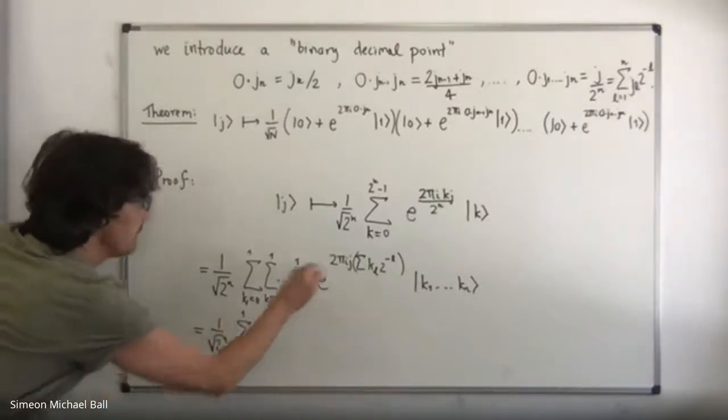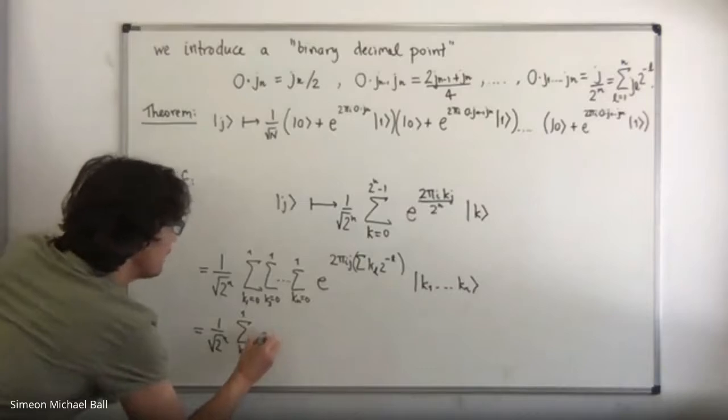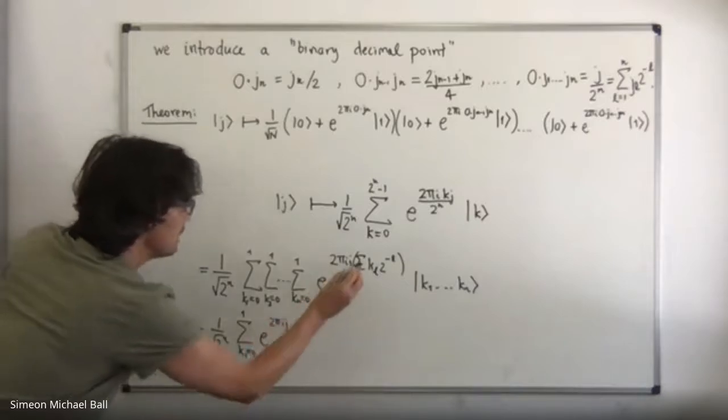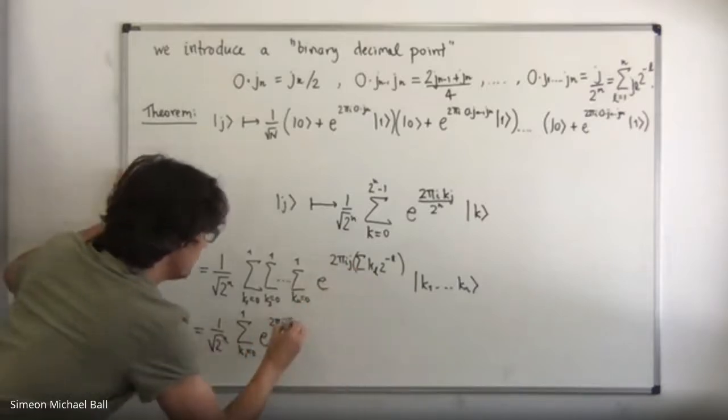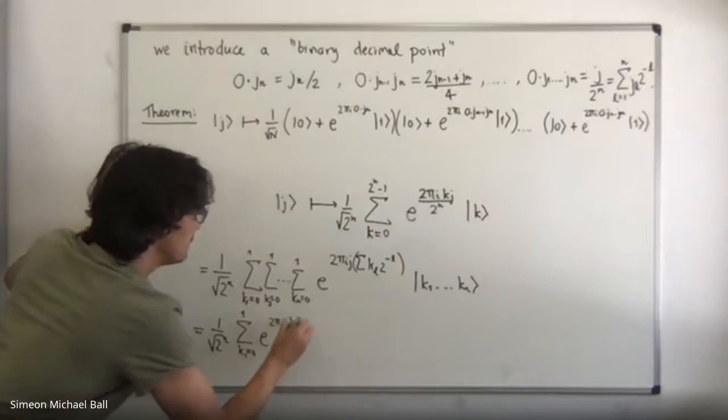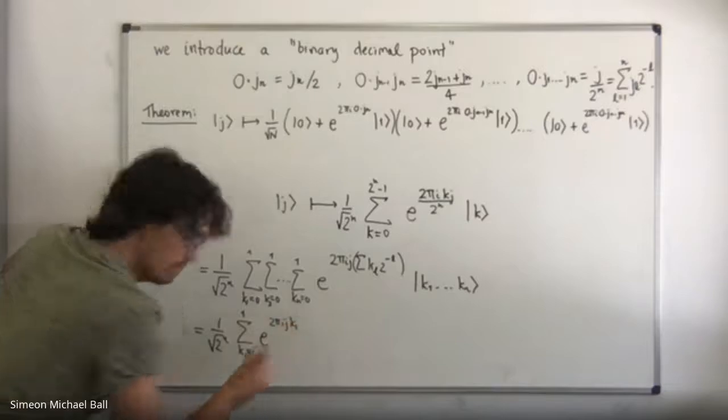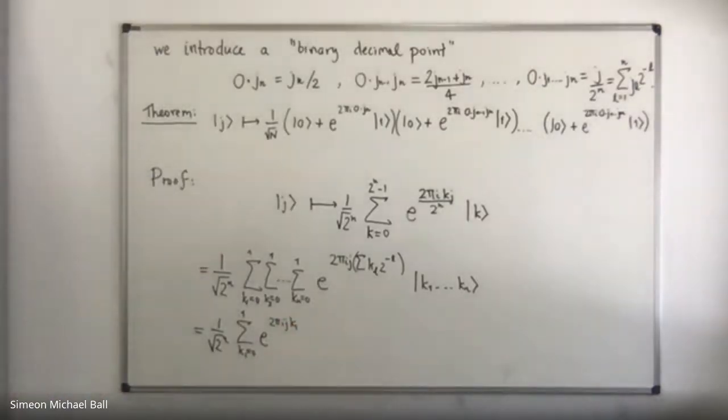Taking out the k1 bits, we have e to the 2 pi i j k1 2 to the minus 1. And do I want to run those now?